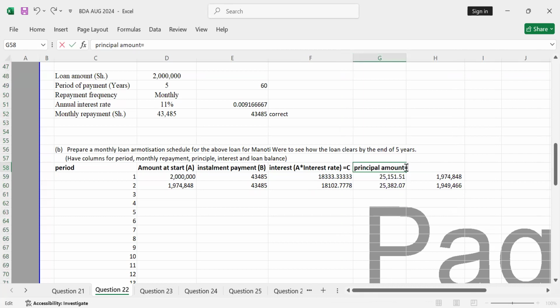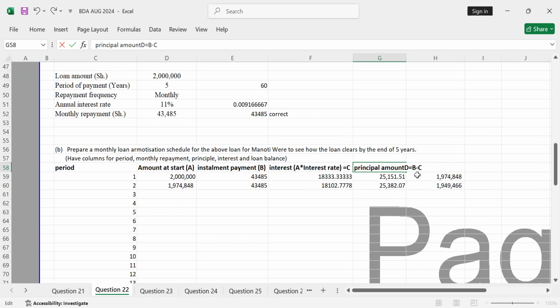Principal amount should be our D, which is equal to B minus C.